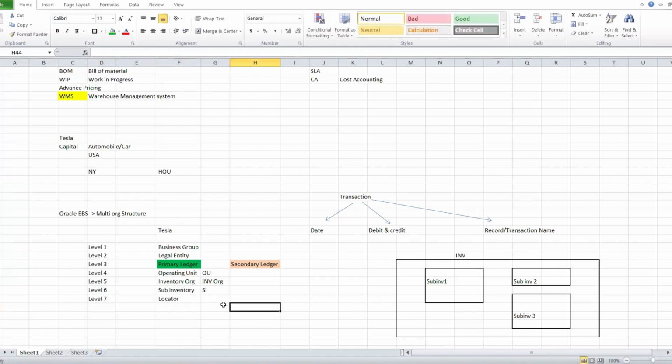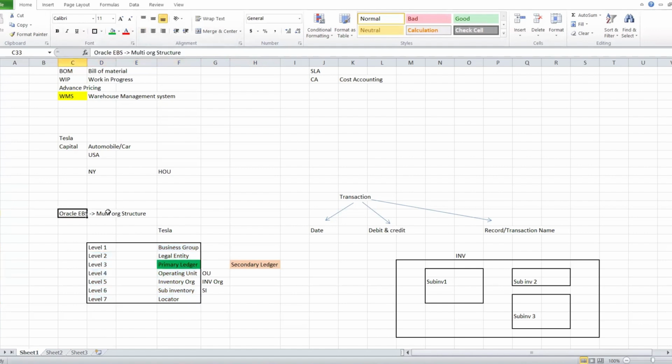So that is the total 7 levels of the business or multi-org structure that is in our EBS.